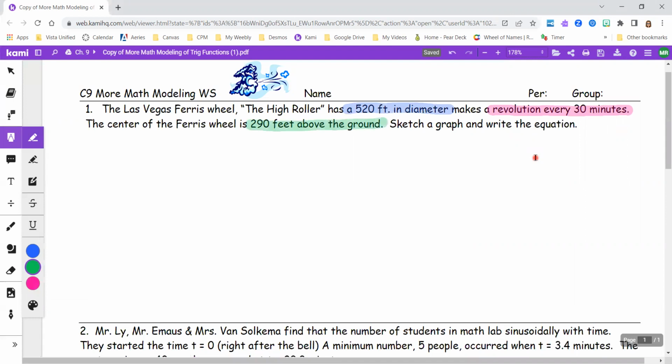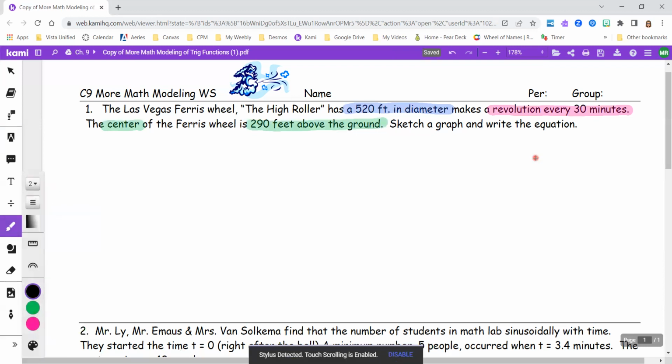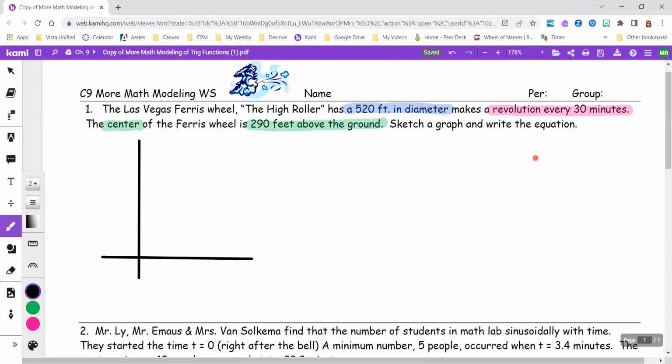Okay, so for this, let me draw my graph. This is going to be minutes, and this is going to be feet.